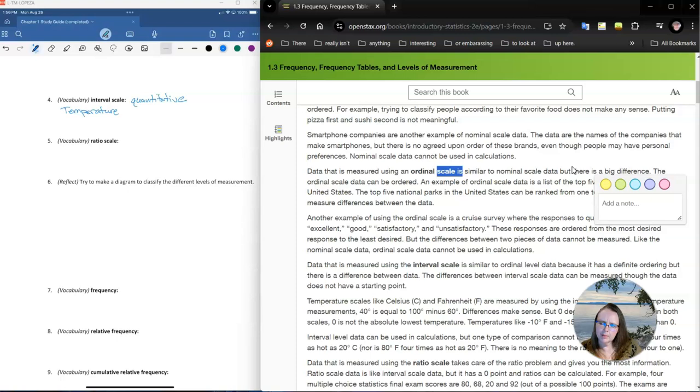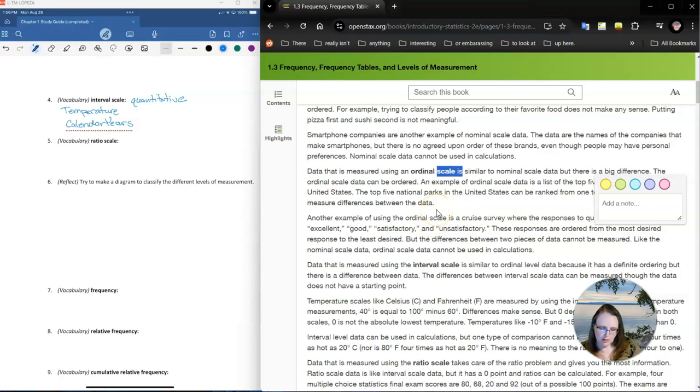Another of them is, let's say, calendar years. I'm going to write those two things down in the notes, and I'm going to come back to them because explaining what an interval scale is harder than explaining what a ratio scale isn't. So let's see what ratio scale measures first.